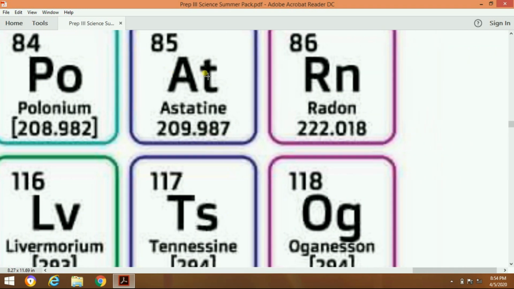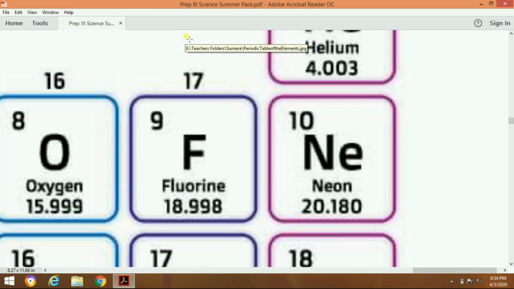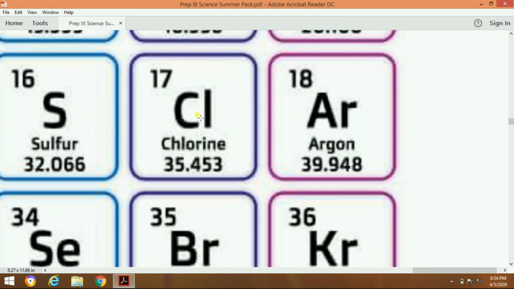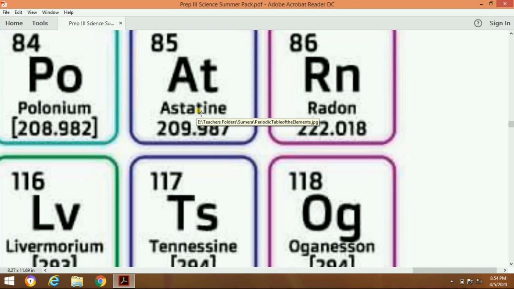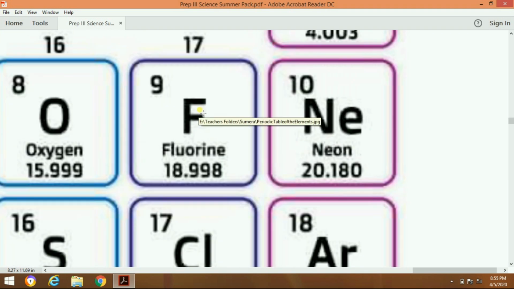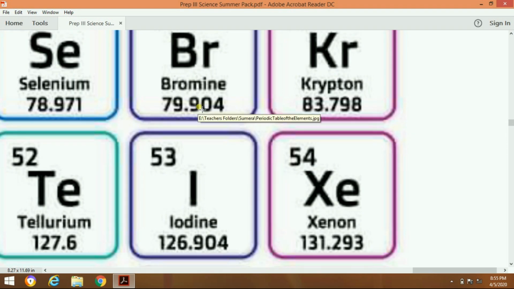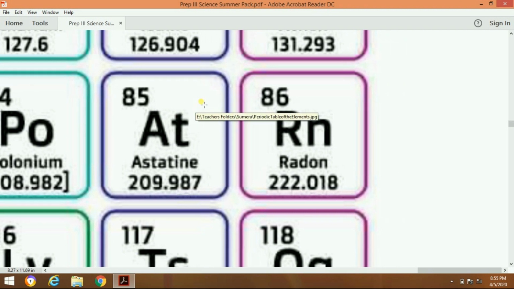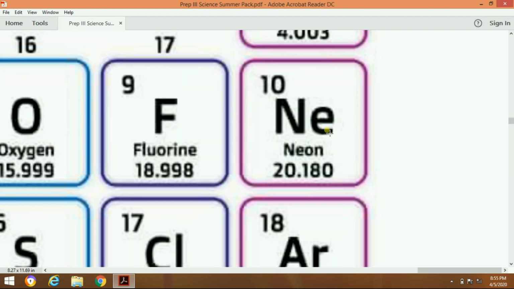Now, group 7A, the halogens family. It is also called halogens or fluorine family. It starts with fluorine. The symbol is capital F. Fluorine, chlorine, bromine, iodine, astatine. Now, the noble gases, also called inert gases.